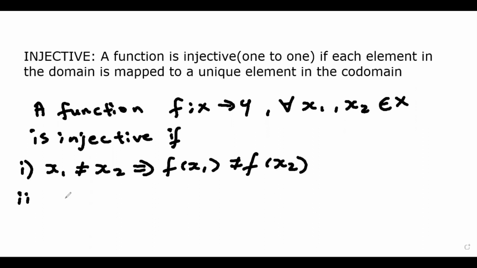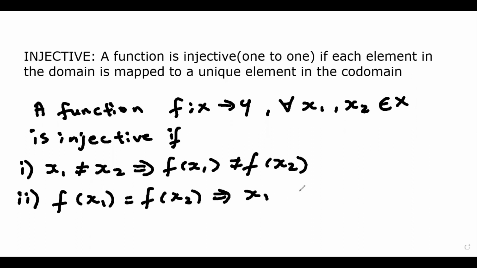And 2, f of x1 is equal to f of x2, which implies that x1 is equal to x2. So these are the criteria for if a function is injective. This symbol here means for all. This here means element of.